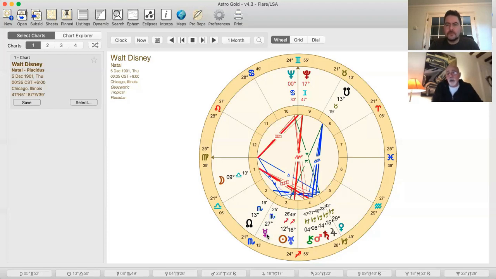And again, that all-important planet then comes into the action part of the chart, an angular house.